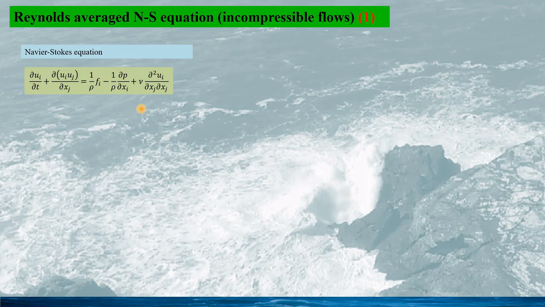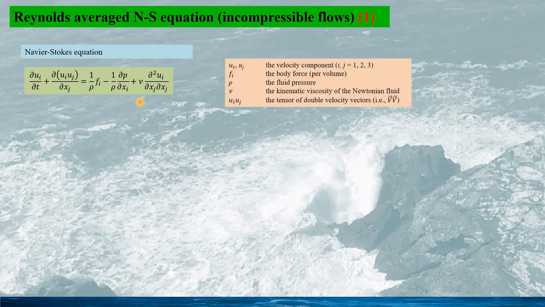The Navier-Stokes equation for incompressible flows can be written as this in Einstein's summation convention. Here, Ui, Uj are the velocity components, i, j equal to 1, 2, and 3.